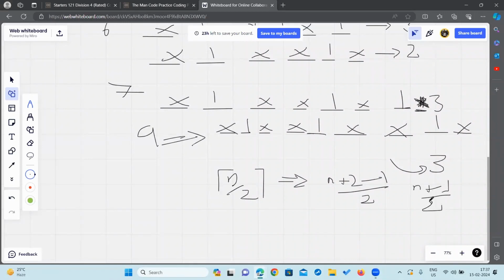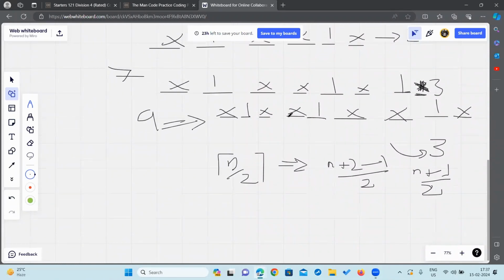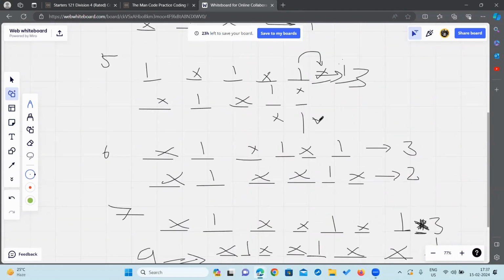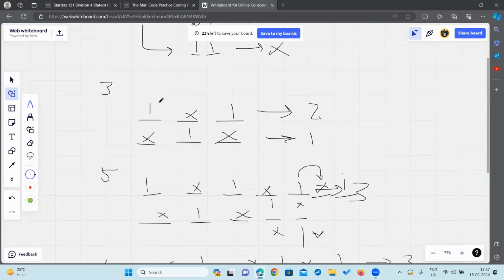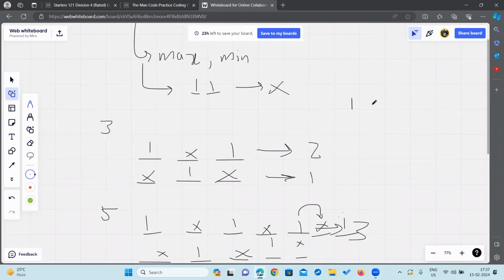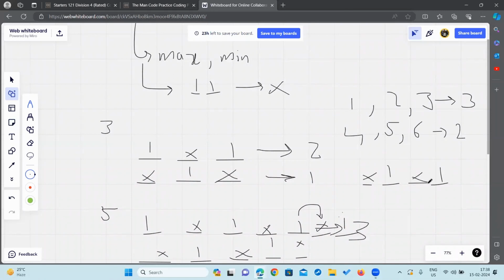For the case of the minimum, we can see that for 1, 2, and 3, it will be 1. For 4, 5, and 6, it will be 2. For example, if I take the case of 4, it will be this case, the minimum.